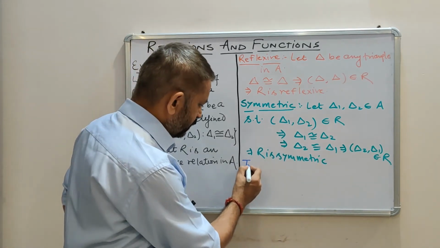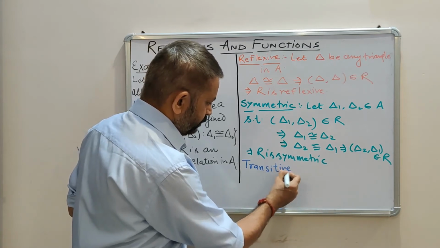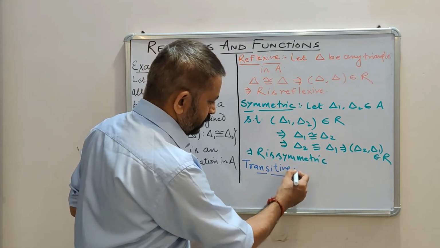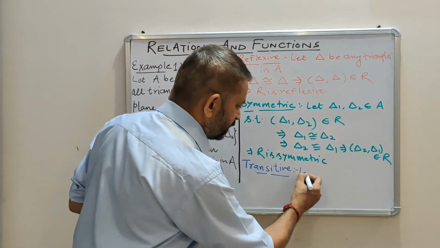Now, the third one is transitive. To show that this relation is transitive, we'll consider three triangles.